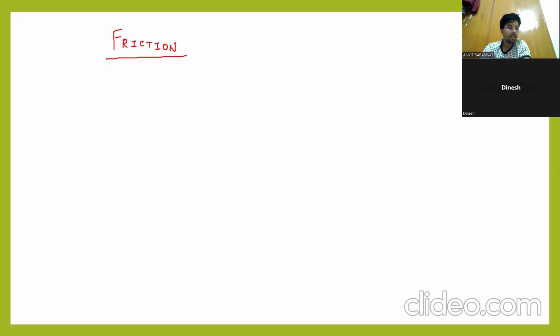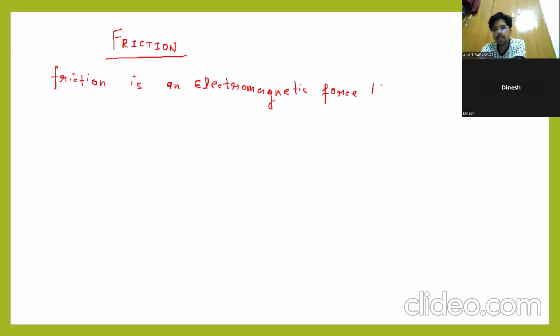So write down, what is friction? Friction is an electromagnetic force applied by electrons.